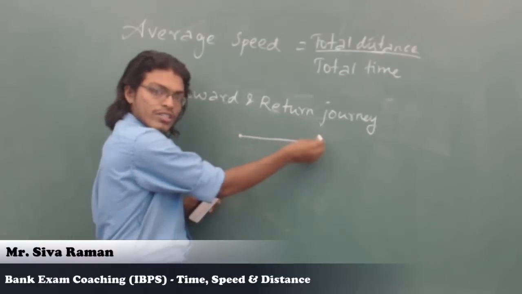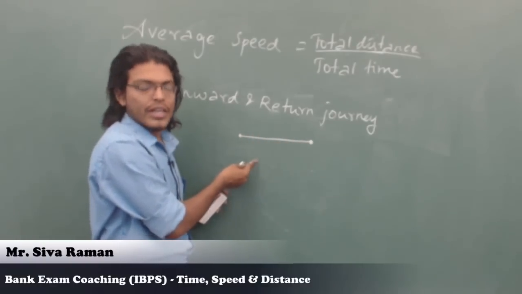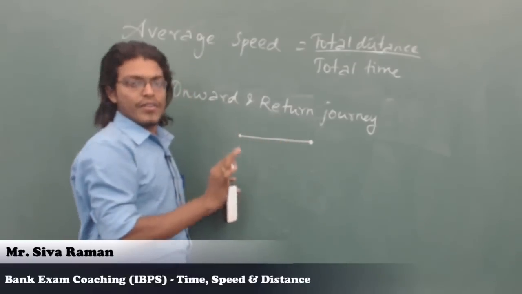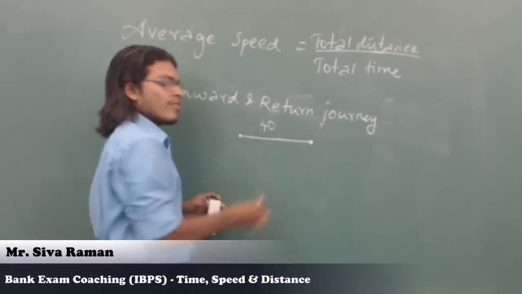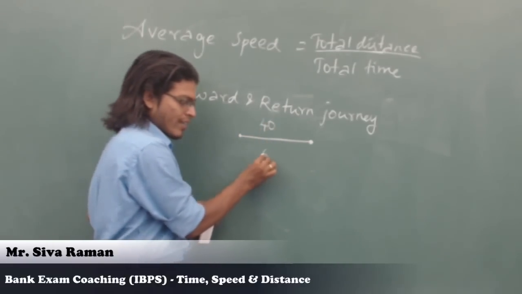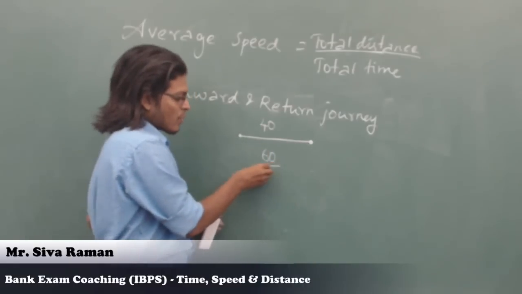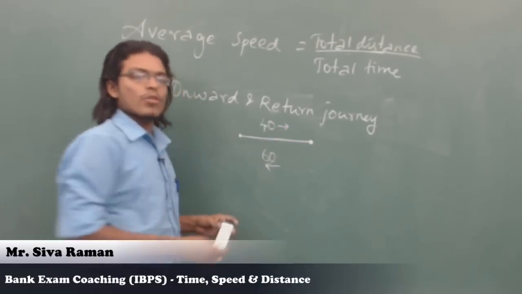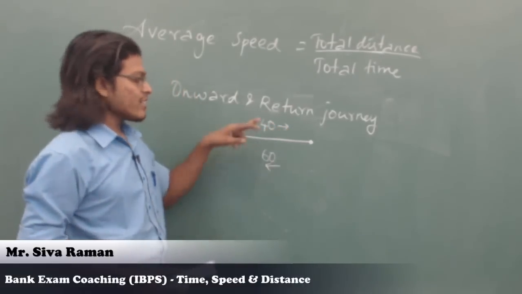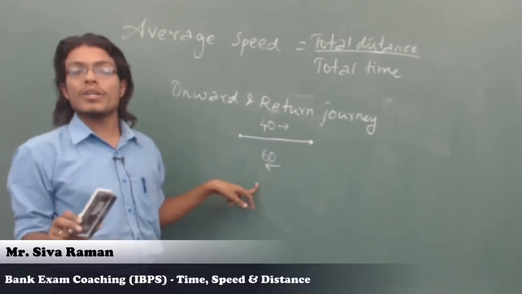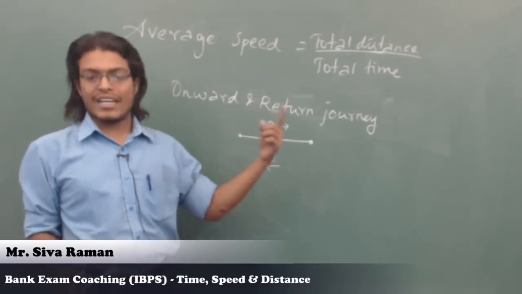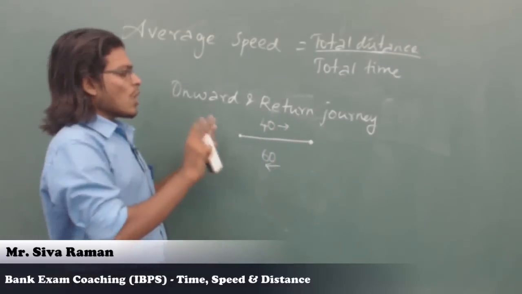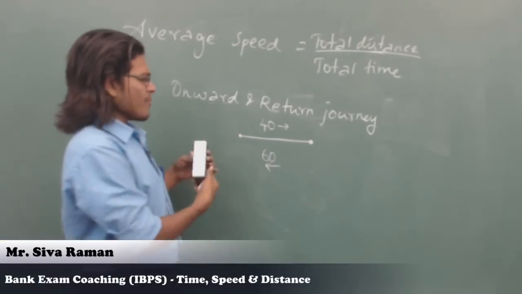There is one onward journey and one return journey. But if the speeds are different, for example, you travel at 40 km per hour and here you travel at 60 km per hour while coming back, what will be the average speed? See, it is not 40 plus 60 by 2, 50 km per hour. The average speed is different. Right. How will we calculate the average speed?